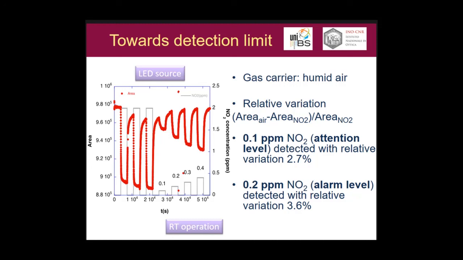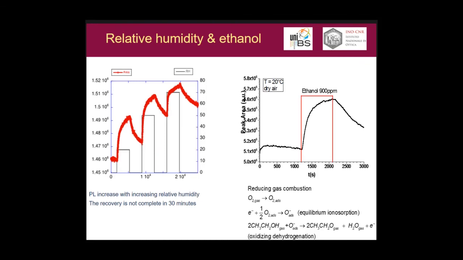And moreover, we can also use an LED source. You don't need a laser to observe photoluminescence. You can observe photoluminescence with an LED, since the efficiency of the process is very high. Of course, we have cross-sensitivity to other gases, but the behavior with time is much different.